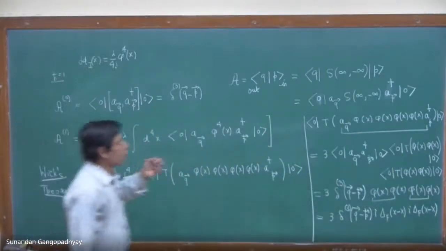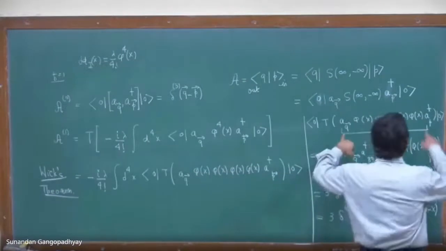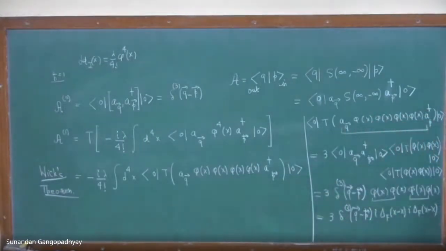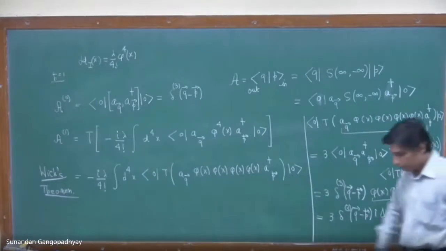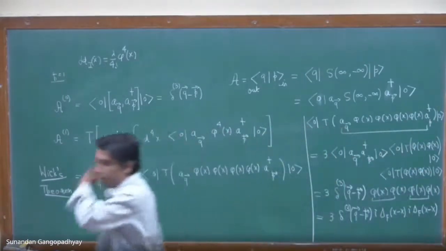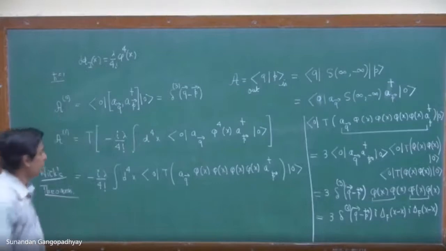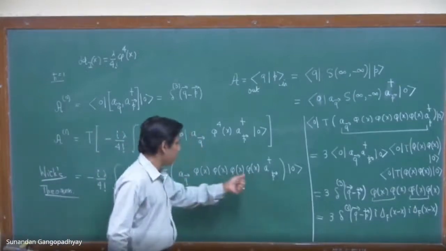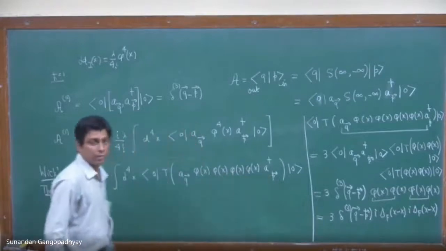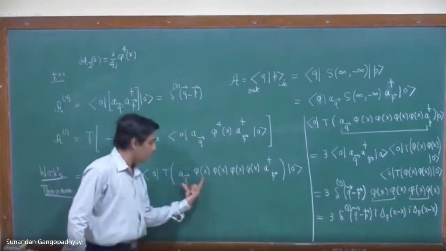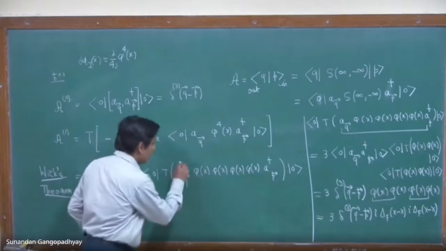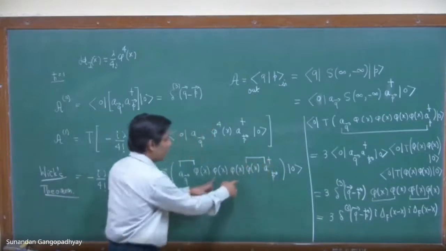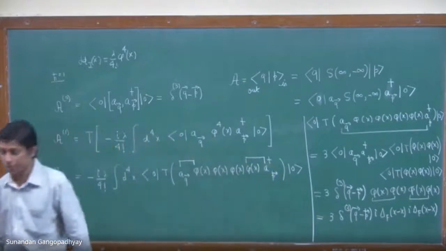So the result of contracting the A's with A's and phi's among themselves gives rise to this term. But there is another possibility where you contract the A's with phi's, this A with one of the phi's and this A dagger with one of the phi's. When you contract A with phi, you contract this with this, and you contract this with this, there will be a term where you need to contract the 2 phi's also.